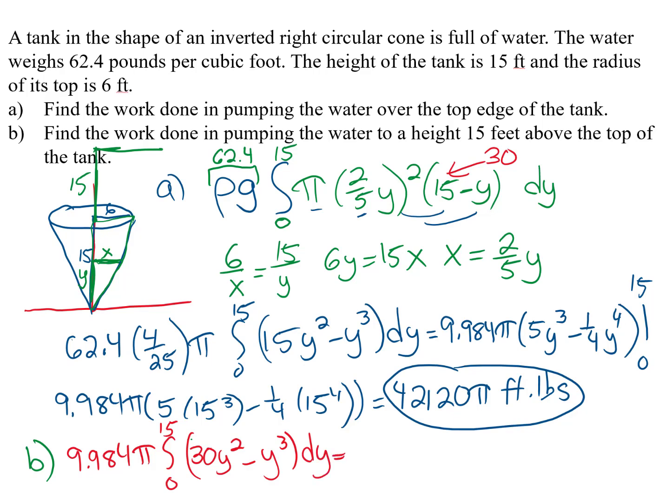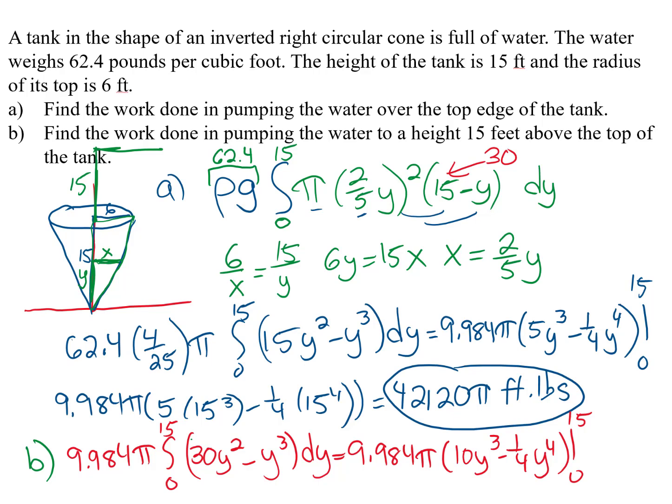So in working that one, we still have our 9.984 pi, and then we have 10y to the third minus 1/4 y to the fourth, evaluated from 0 to 15. So we need to simply put the 15 in there for the y in both places.